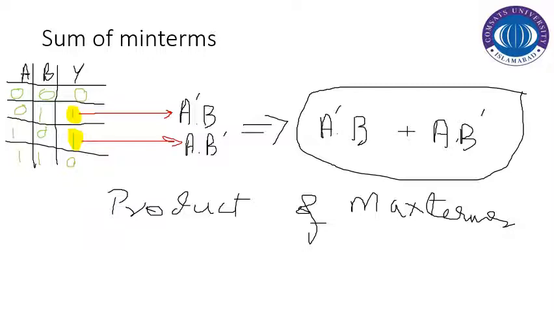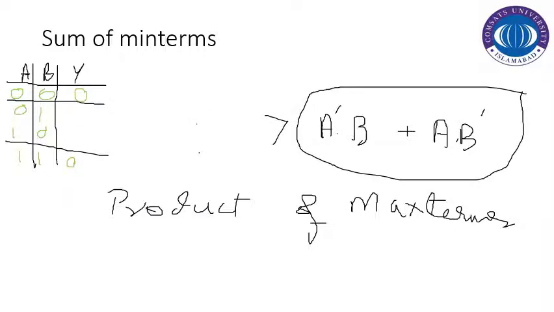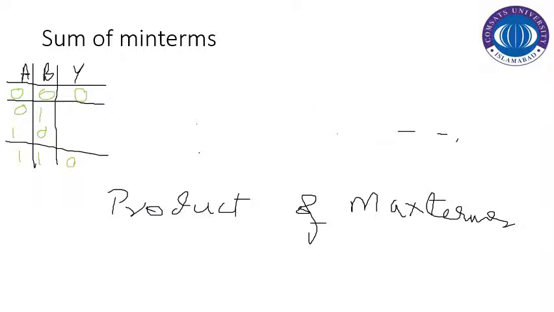So for the product of max term, let me just erase the first one. Oops, I've also erased the combinations in the truth table. Let me rewrite those also.